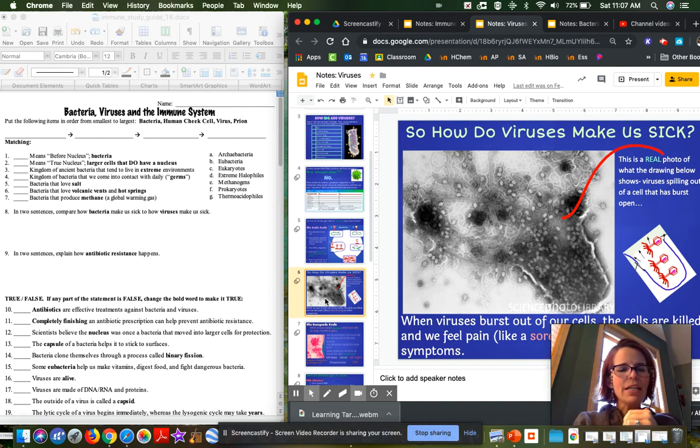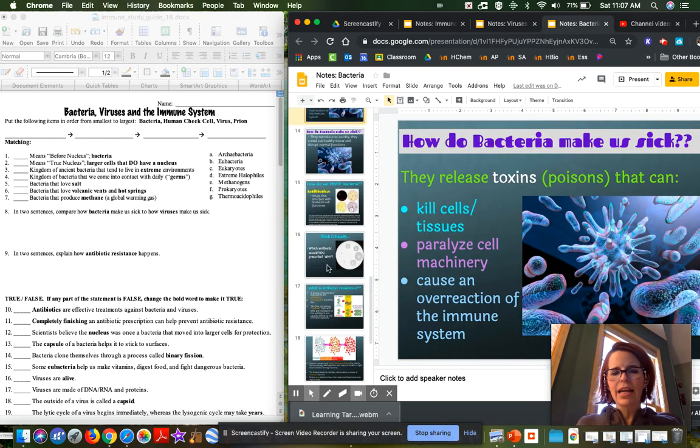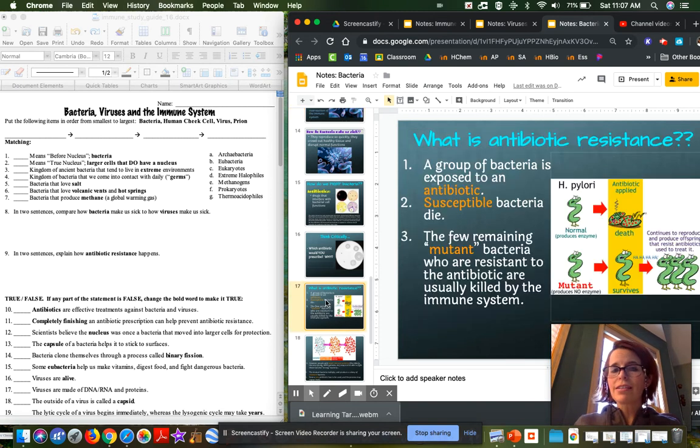Okay, and then in 2 sentences, explain, that's from our bacteria notes, explain how antibiotic resistance happens. So antibiotic resistance is when we use an antibiotic and it kills the weak bacteria and it leaves behind any bacteria that might be resistant to that antibiotic. Your immune system is supposed to eat them.